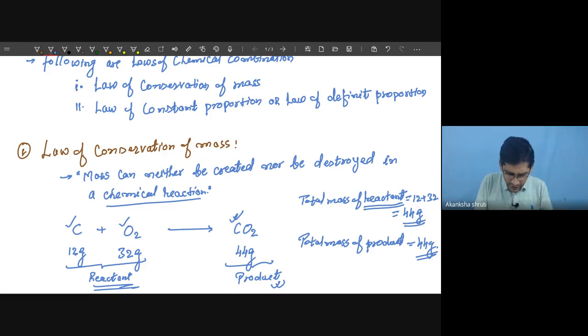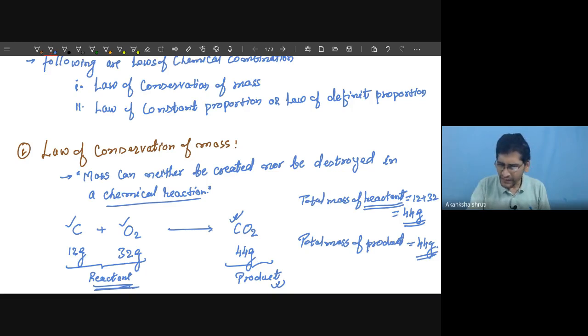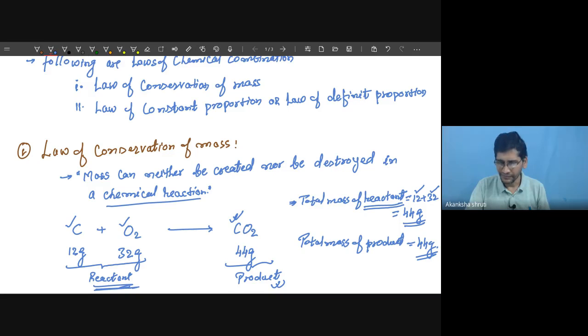If we consider the total mass of reactants, it will be the mass of carbon plus the mass of oxygen which are reacting. The mass of carbon is 12, so for the total mass of reactants, it is 12 plus 32, which becomes 44 gram.